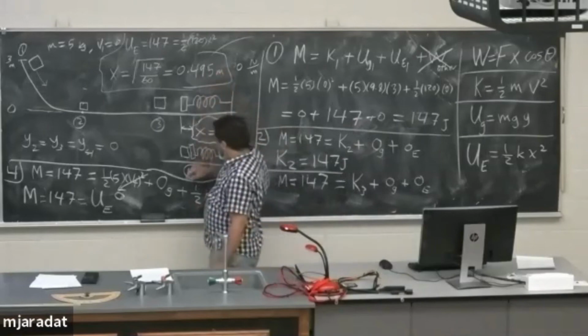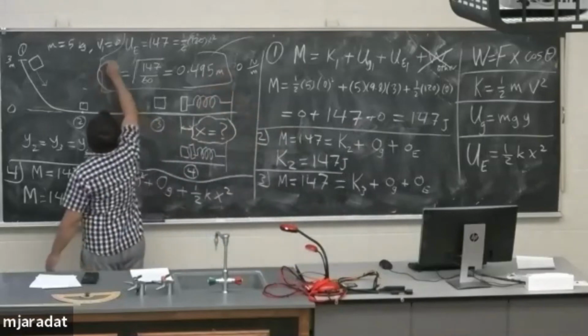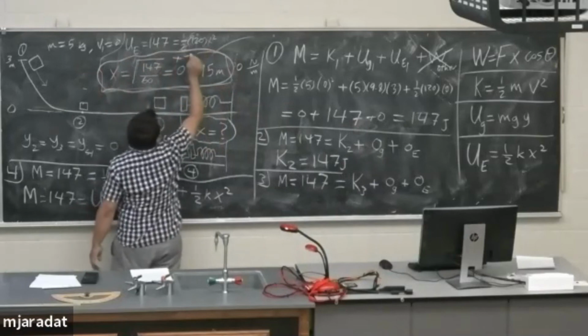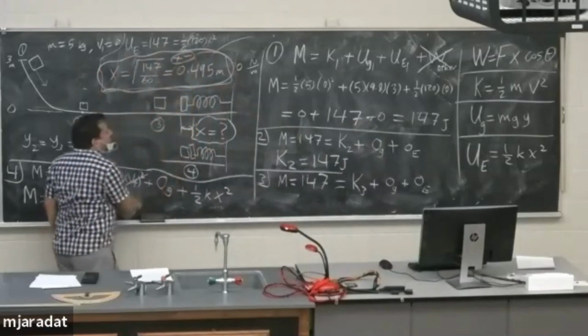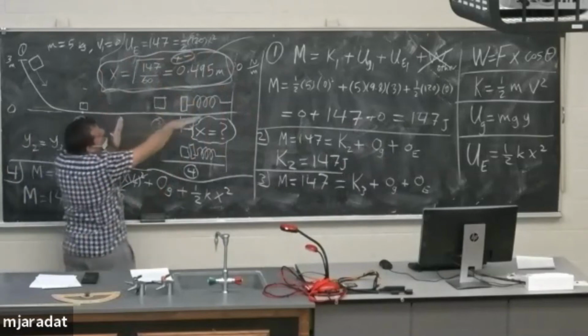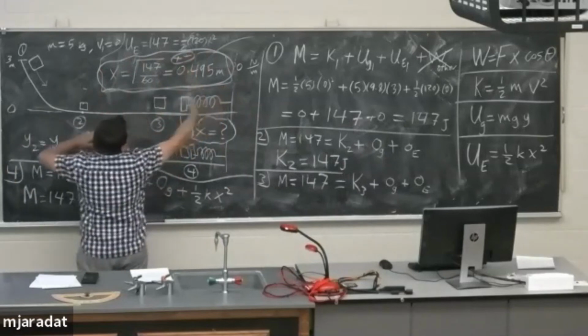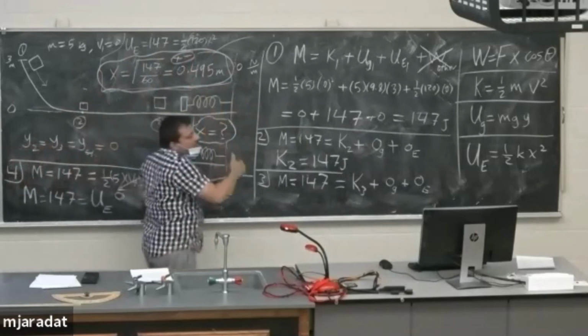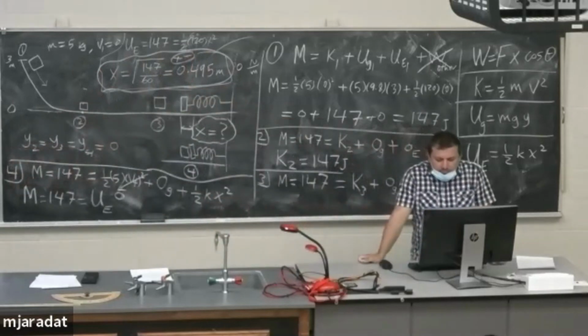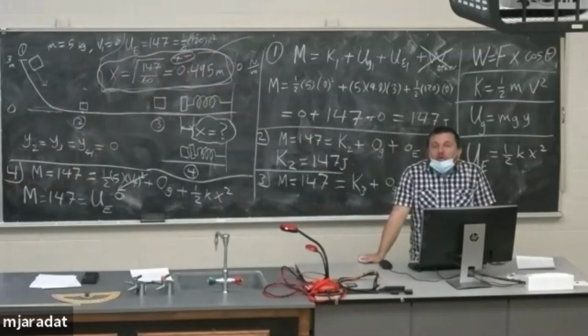So this is X. Positive or negative, I don't care, because I know the meaning of that. If I suppose this is the positive direction, then it is positive. If this is the negative direction, then it is the negative. It's okay. Any question about this example?